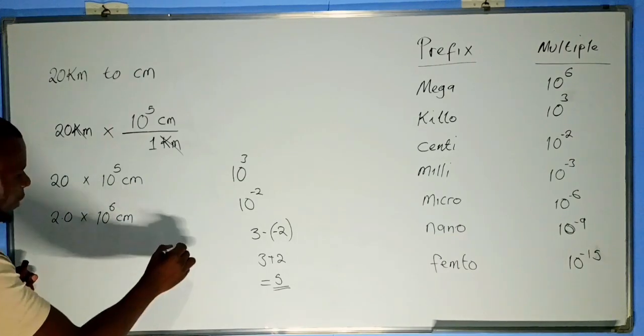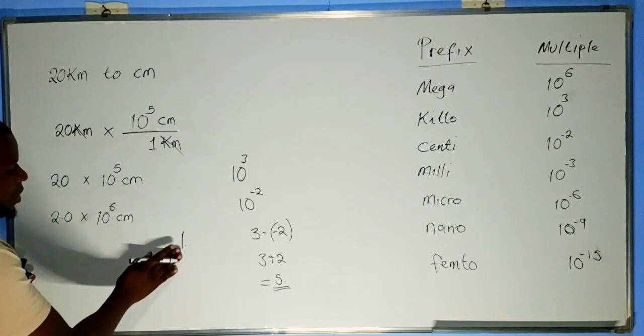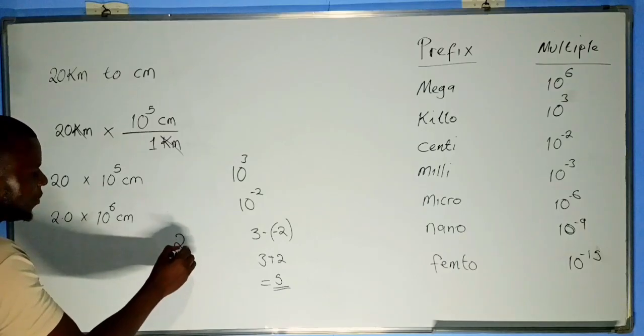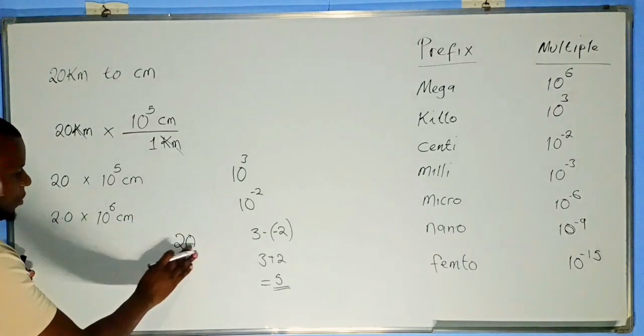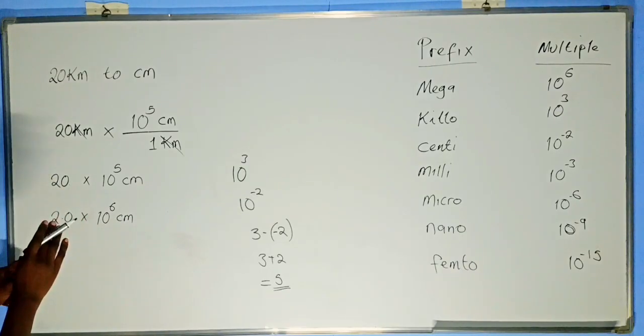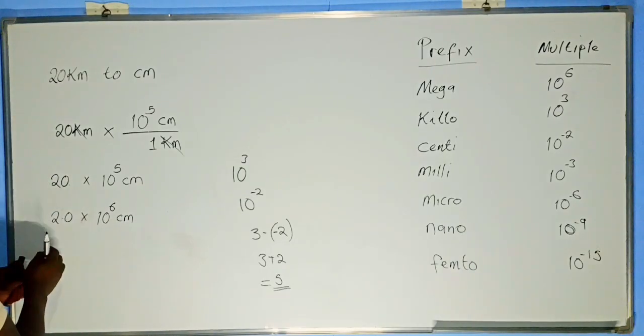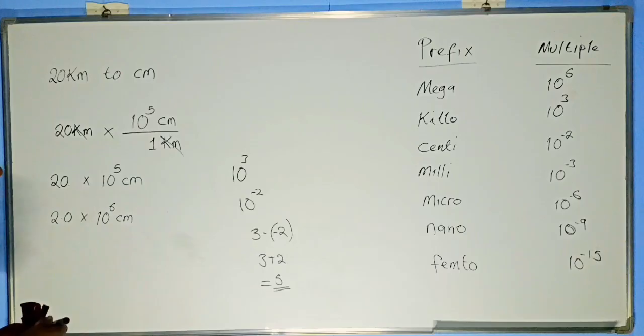Any number you write, for example, if I write 1 here, we assume there is a decimal point there, but it's just not shown. If I write 20 here, I'm assuming I have a decimal point there. It's just not shown. In order for us to write it in standard scientific notation, it needs to be in between the first digits.